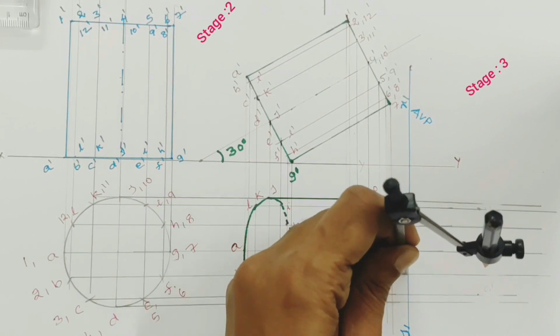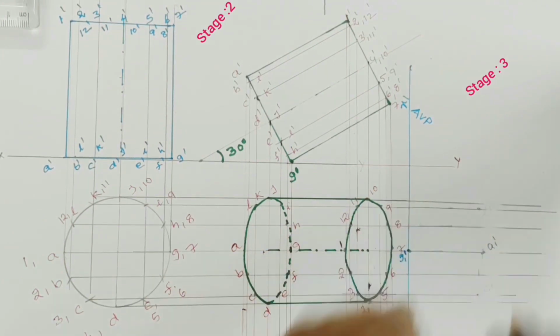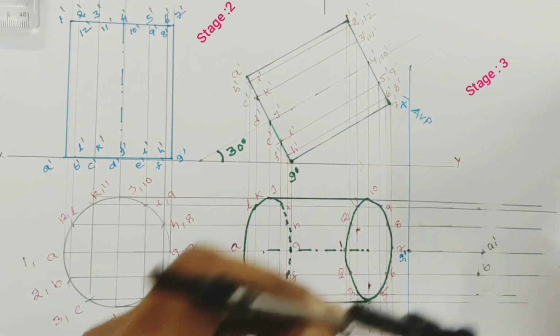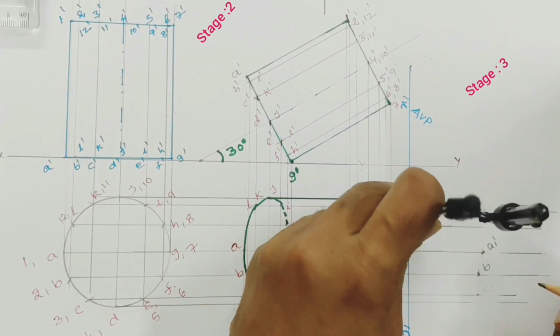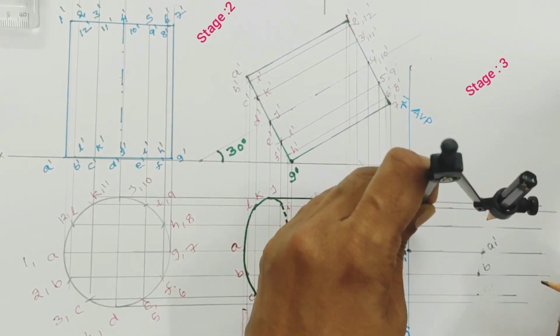From B, this is the projector coming. So take that radius, draw an arc here, say B, and this is I. No, not I, it is L.